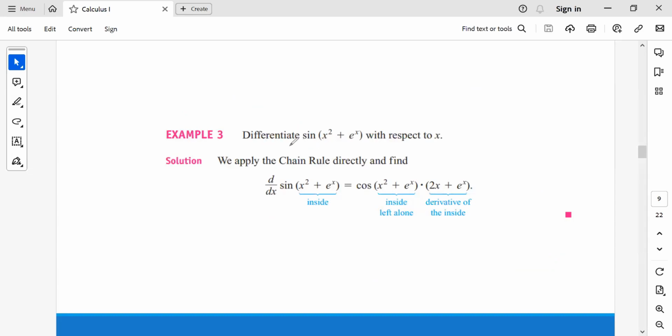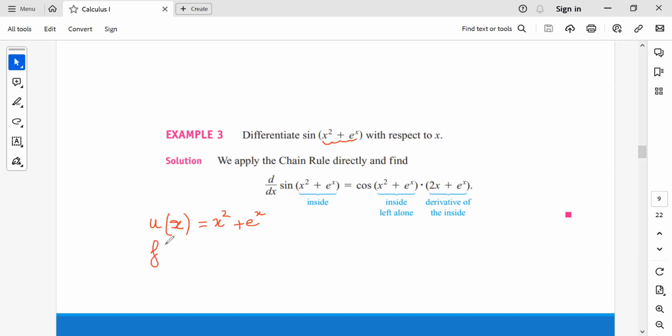This is another example. Differentiate sine of x squared plus exponential x with respect to x. We can introduce a new variable u, which is x squared plus e to the x, the quantity inside the sine.